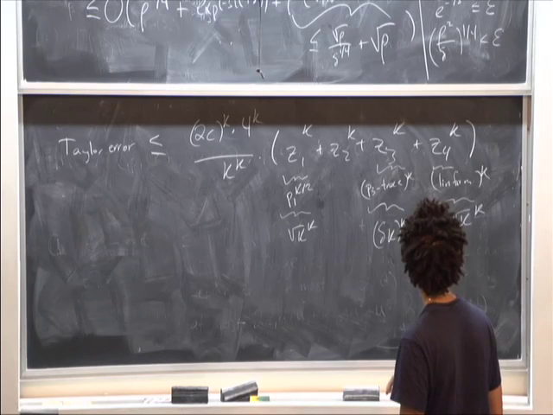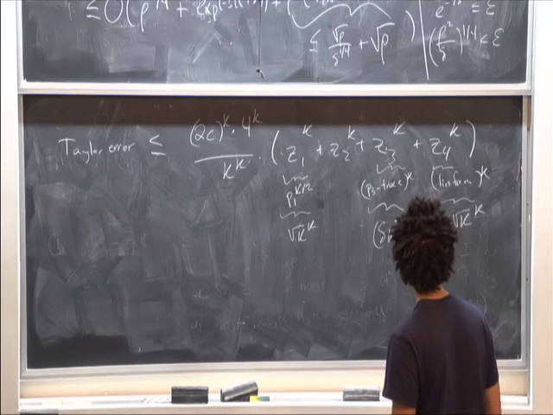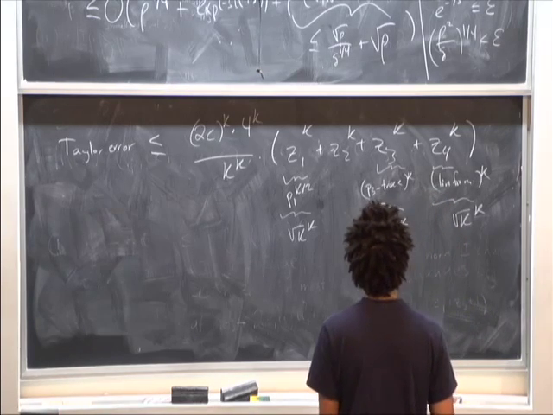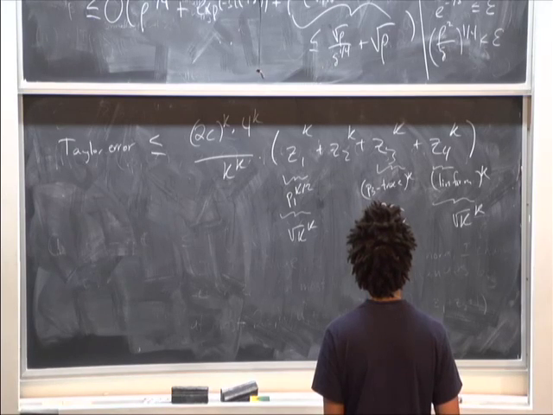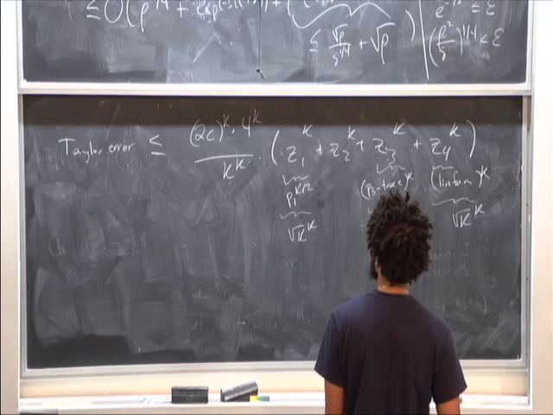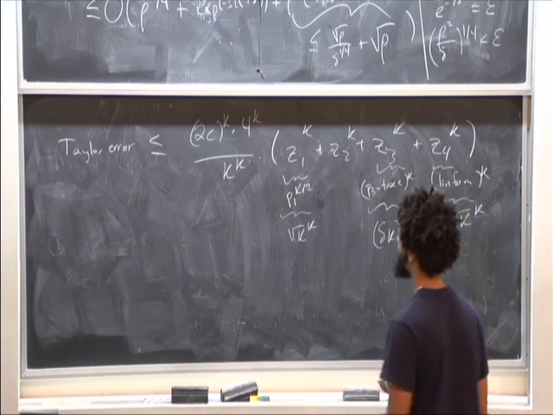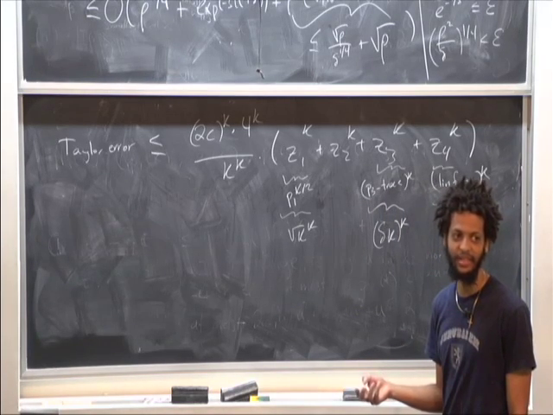I think I'm also going to choose delta to be rho, I mean. Rho over 8, is that what you said? Oh, you want 16 to be safe. Okay, fine. I also get to choose k, so I can put a constant in k.